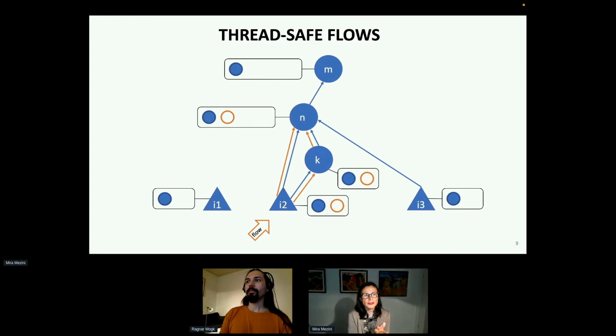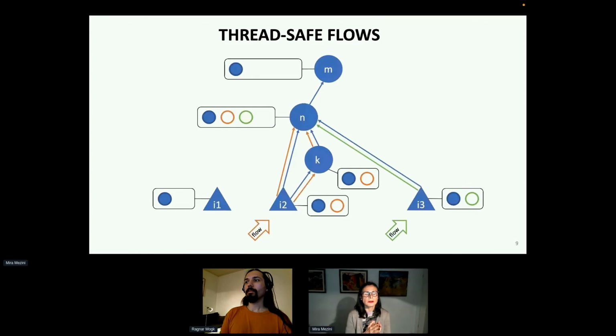Here the orange flow starts and puts placeholders in all nodes, registering that it is going to reevaluate those nodes, and when it reevaluates, it will fill those empty placeholders with real values.